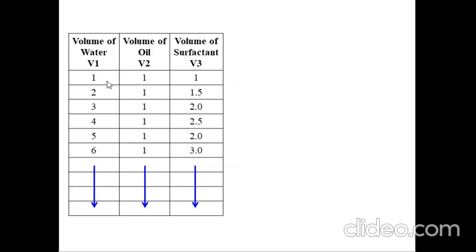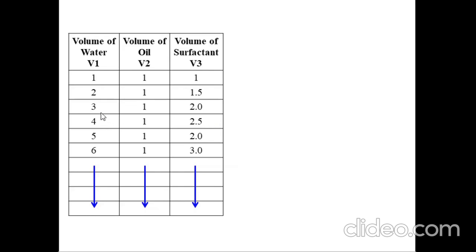Now repeat the experiment with different volumes of water, keeping the volume of oil constant, or it is either way. You can keep the volume of water constant and change the volume of oil. And you keep adding the surfactant. For each experiment, there will be consumption of a different volume of surfactant in order to reach a homogeneous solution phase.